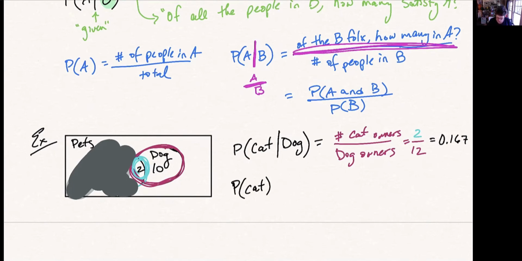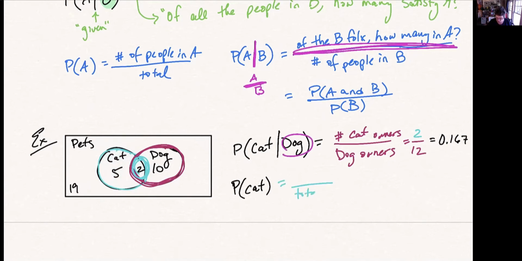It's just the people who come next. So the fact that this doesn't have that vertical line tells me I'm now talking about everybody. This is the people who own a cat out of everybody, out of the total. How many people own a cat?